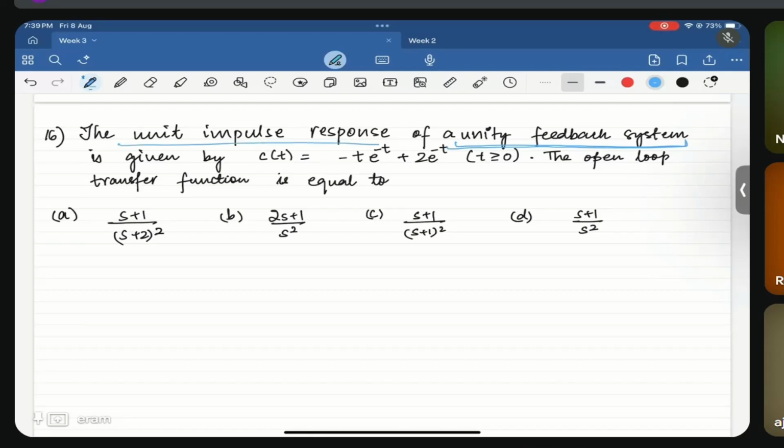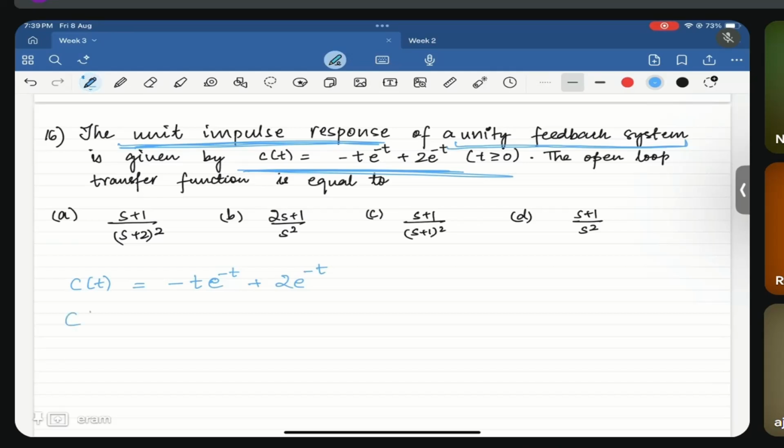We are provided with the unit impulse response, which is given like this. So the unit impulse response of a unity feedback system is given as this value in time domain.